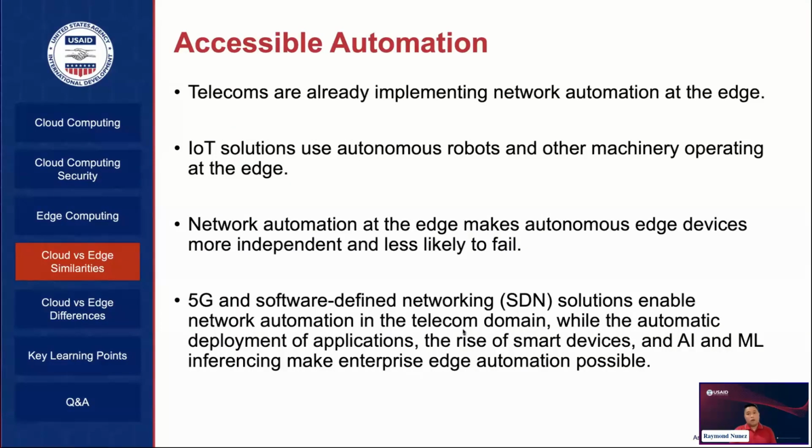So accessible automations now, telecoms natin are already implementing network automation on the edge, no? So let's say we've seen in Open RAN na if, let's say, one cell site is put out of action, by some reason, nakidlatan, naputol yung fiber, the other systems would detect it, and sometimes meron silang mga auto calibrating antennas. They could redirect that to the location kung saan kung malalapit ka doon within the area. They could automatically detect the outage, redirect the antenna para magkakaroon ng degraded signal doon sa areas na may current operational cell sites.